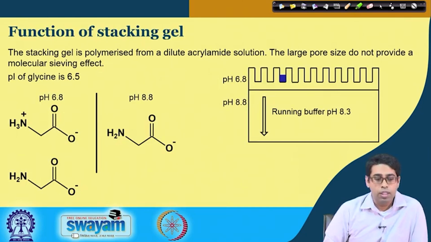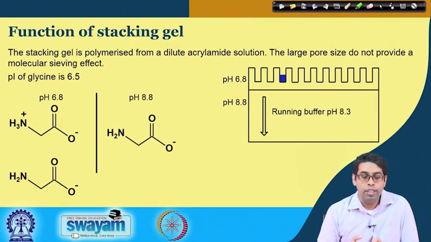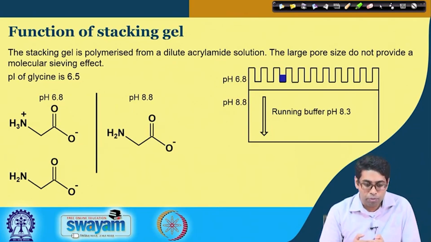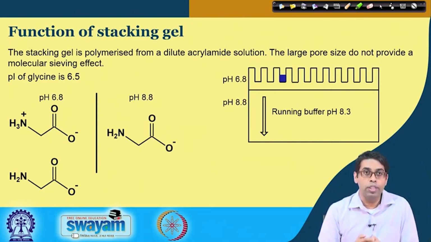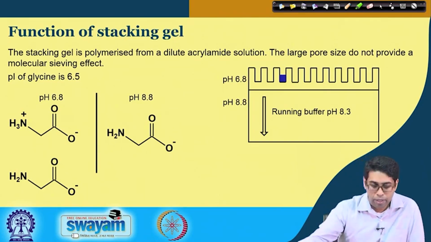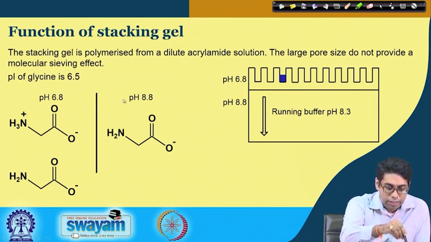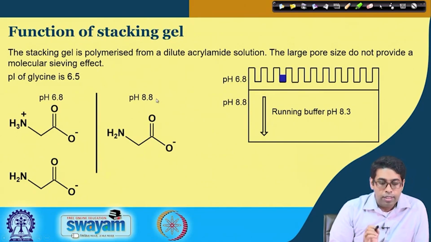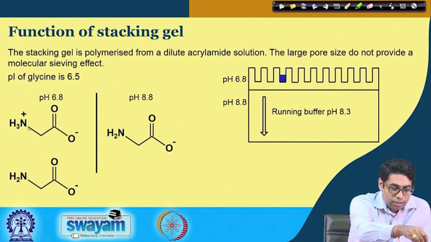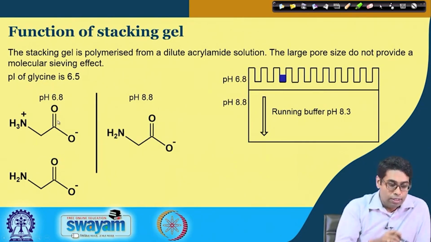That brings us to the function of the stacking gel. How does this stacking gel stack all the protein molecules and bring them to the same point? That is the most important thing. This part is the stacking gel, pH 6.8, and this part is the resolving gel, pH 8.8. The trick is that what we use is glycine. This is the structure of this amino acid glycine.